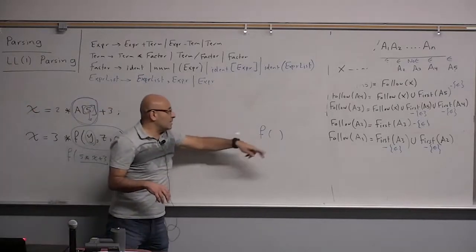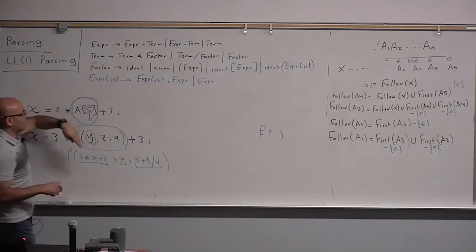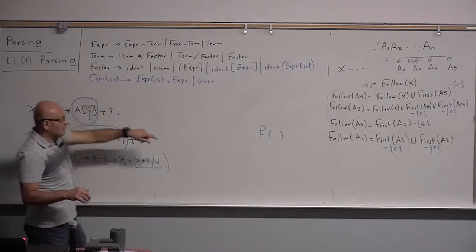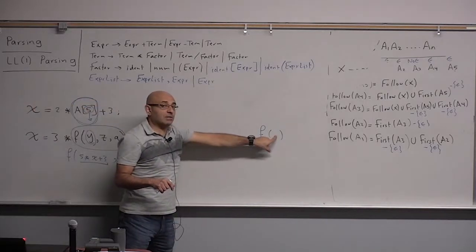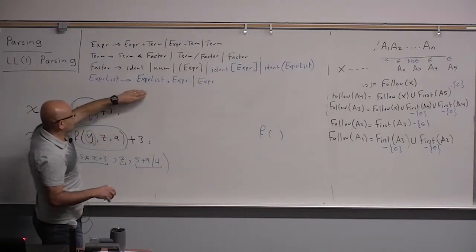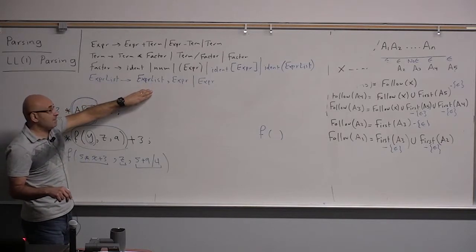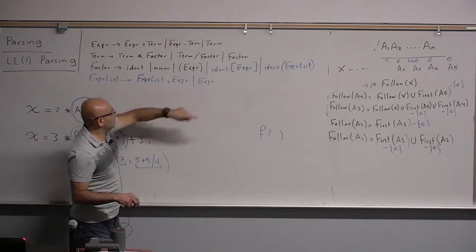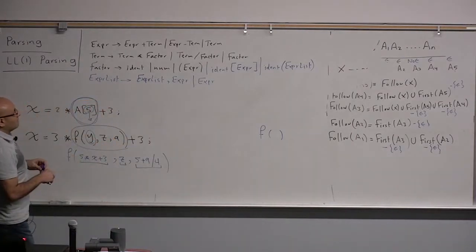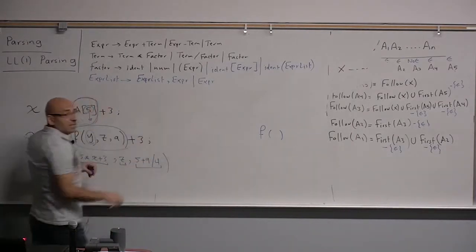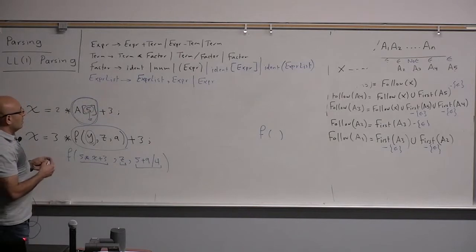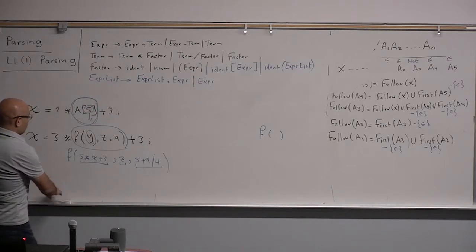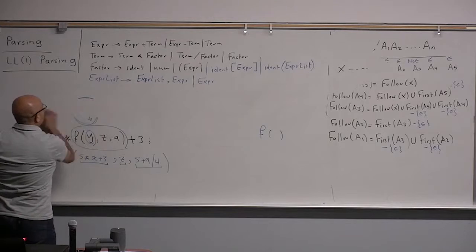There are different ways of accepting an epsilon here, an empty list of expressions. But what is on the board does not accept an empty list of expressions. So you have to have at least one expression in the list. It would be a trivial change to make it accept an empty list.